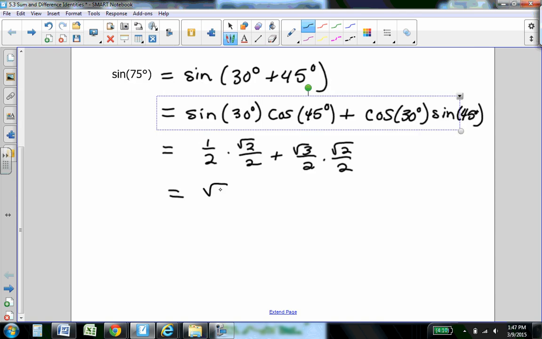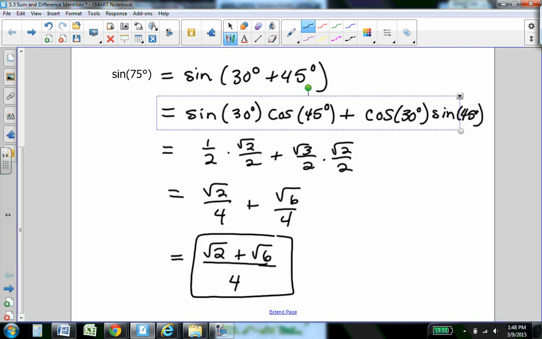We have the square root of 2 over 4, and the square root of 6 over 4. And since they have the same denominator, we put over 4 and simply add. So it's square root of 2 plus the square root of 6. Notice we cannot simplify that anymore because there are different radicals, and square root of 2 plus square root of 6 is not square root of 8. So we can leave our answer like that, and that's good enough for us.